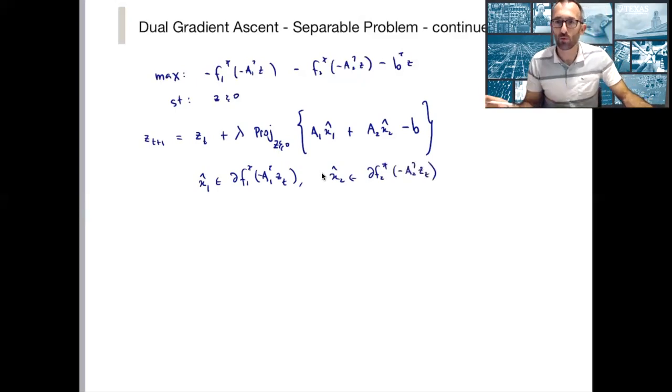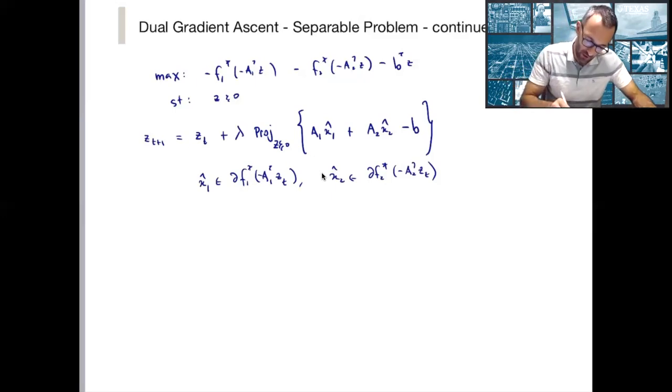And exactly what we did on the previous slide, using the fact that subdifferentials of the function and its Fenchel transform are inverses of each other, we get that x1 hat is an element of the argmin of f1 of x1 plus z transpose a1 x1.